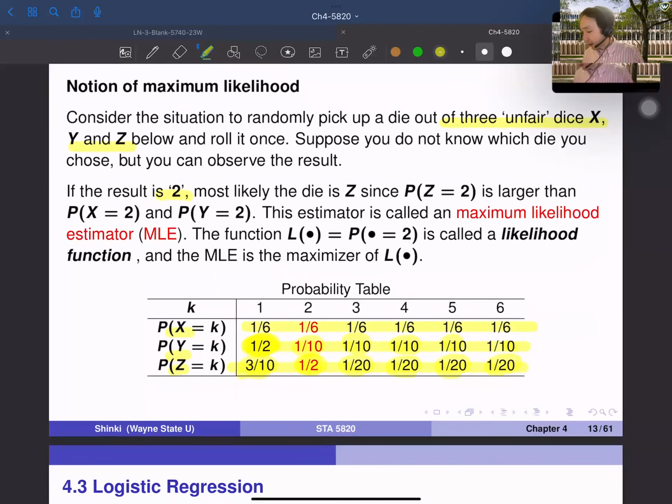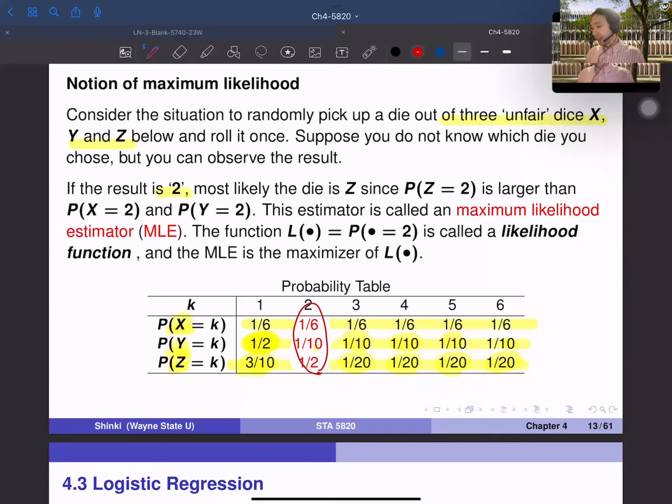So we guess that probably that die is Z. If you had picked up Y, then it would be very unlikely to get 2, but we have already got 2. So Z is most likely.